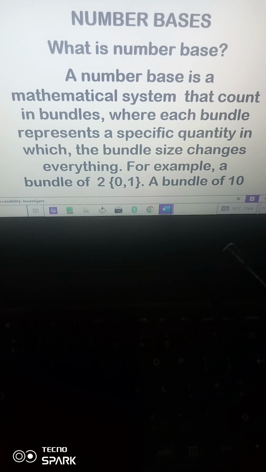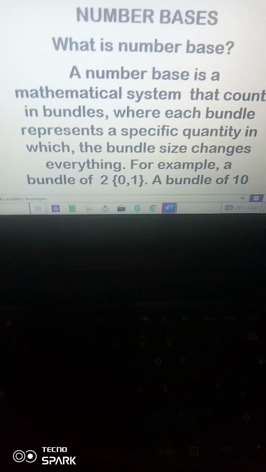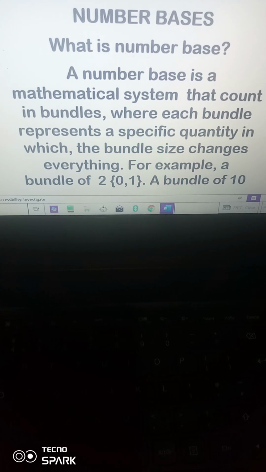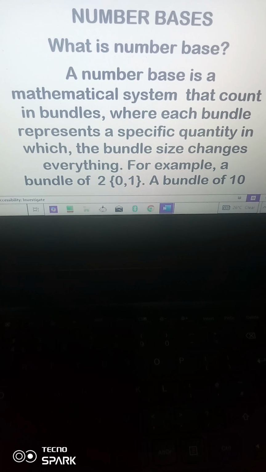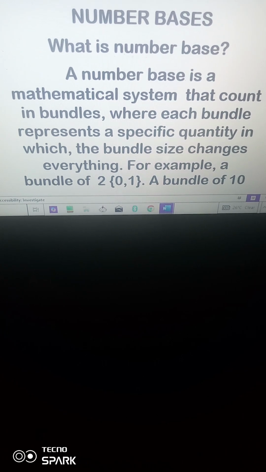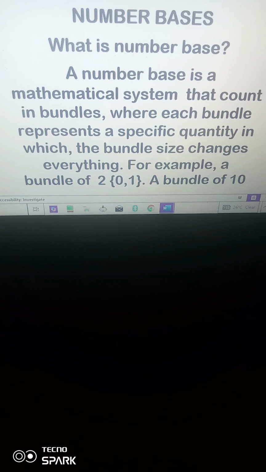What is a number base? A number base is a mathematical system that counts in bundles, where each bundle represents a specific quantity, in which the bundle size changes everything.